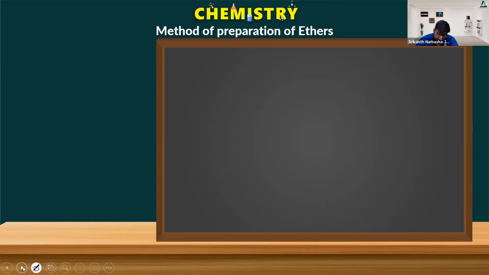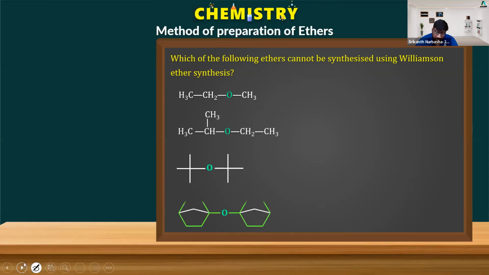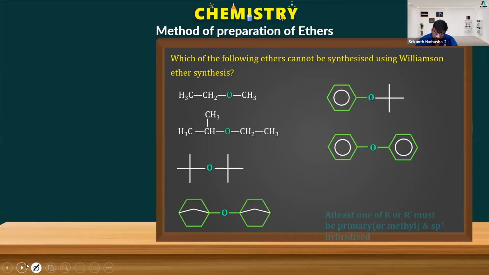Which of the following ethers cannot be synthesized using Williamson's ether synthesis? I'll be giving different sets of ethers to you. Which of the following ethers cannot be prepared by Williamson synthesis? List out all the ethers which can be prepared and which cannot be prepared, and you'll get an idea.